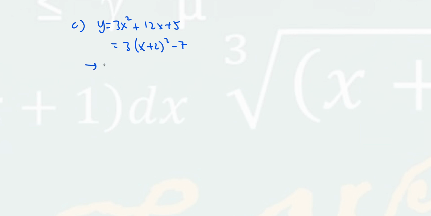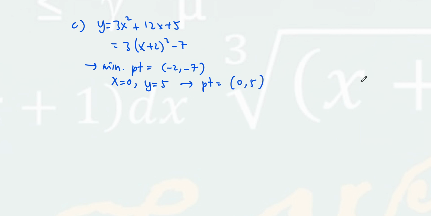So from here I know minimum point with coordinates minus 2, minus 7. So I need to find out where my x equals to 0. My y is going to be 0 plus 0 plus 5. So I'm getting a point 0, 5. Okay, so and then since you are getting a minimum point, that means the graph will be smiley face. So now I will just sketch.